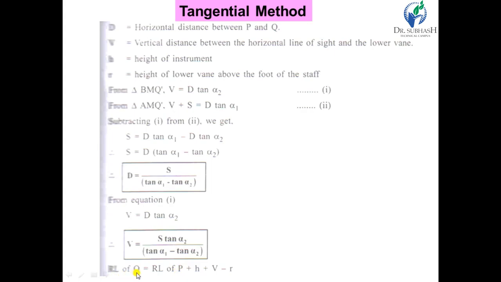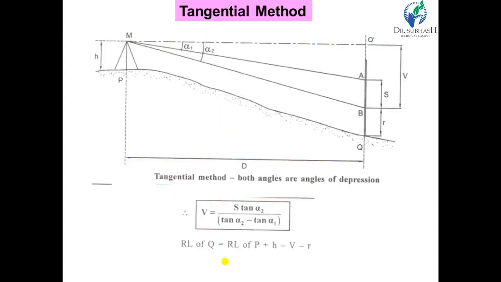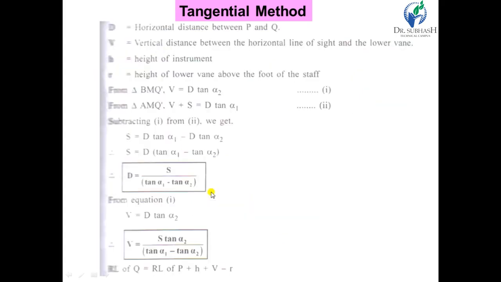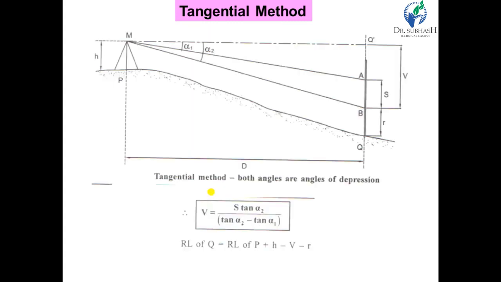Now if you want to find the RL of Q, it is equal to RL of P plus H plus V minus h. Now in the second case, both the angles are at depressed positions. We can derive in the same way, but with only a minor change: we have to subtract the angles, alpha 2 minus alpha 1, and the major angle is alpha 2.